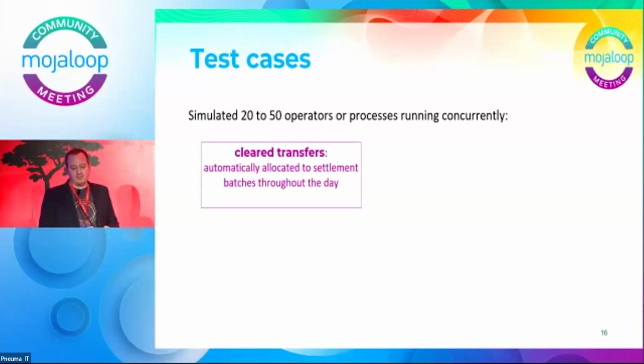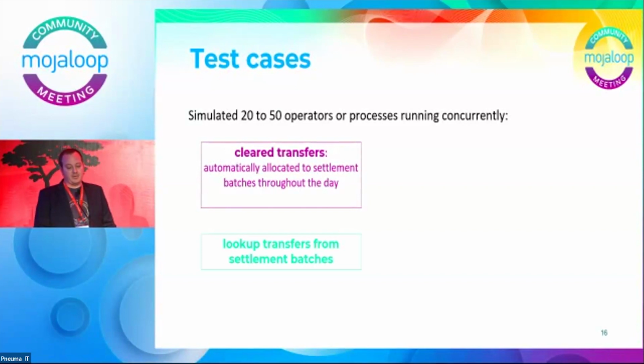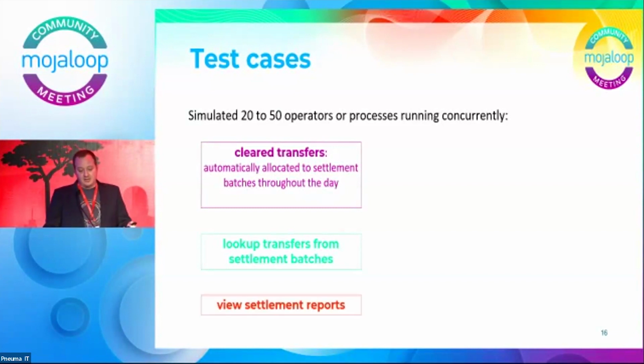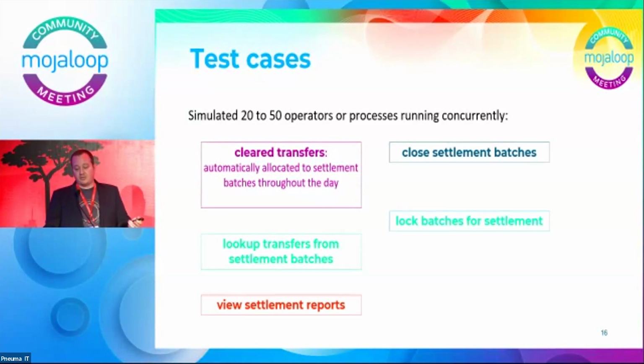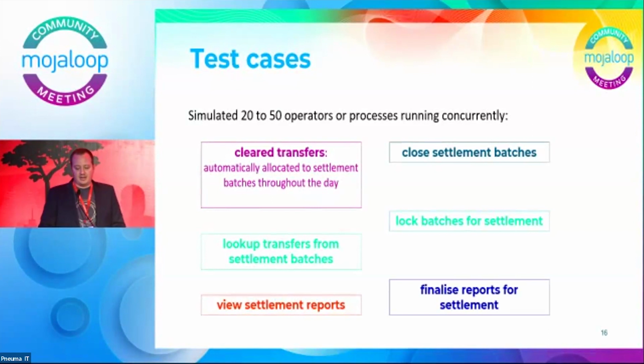Sorry, just to cover the actual test cases: the clear transfers, which is a very important hot path operation for settlements and needs great performance, followed by lookups on those transfers, lookups on transfers that have been cleared and allocated to batches, as well as running settlement reports, closing settlement batches, locking batches for settlement, and then running final reports for settlement.